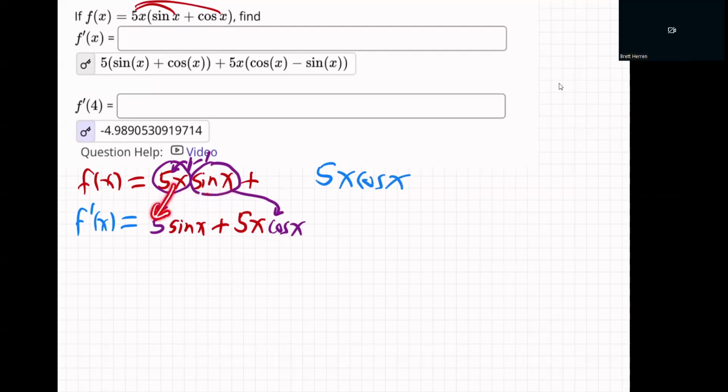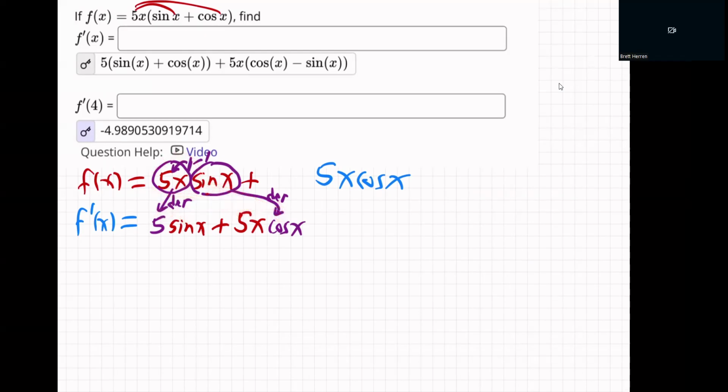I did the 5x first, and then the second one stays the same. And then the 5x stays the same, and the derivative of sine is cosine. So these little arrows I'm drawing are the derivative. That's how the product rule works. They take turns. 5x goes first, sine just stays as it is. Then the 5x stays as it is, and the sine x goes: derivative of sine is cosine.